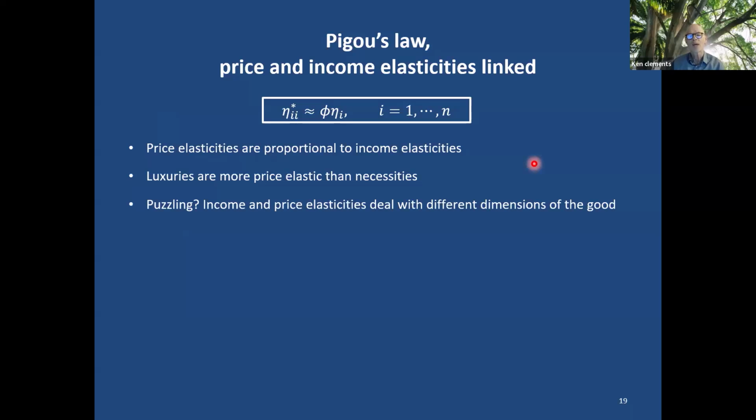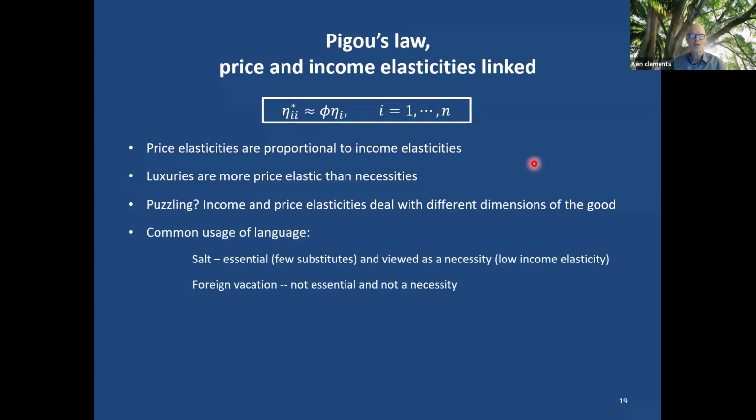The income elasticity deals with the luxuriousness or otherwise of the good, whereas price elasticity deals with the availability of substitutes. But it can be squared with common usage of the language by considering SALT.